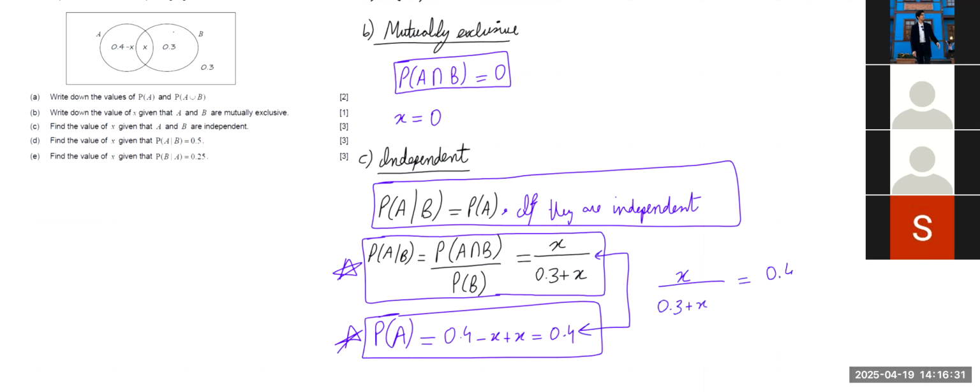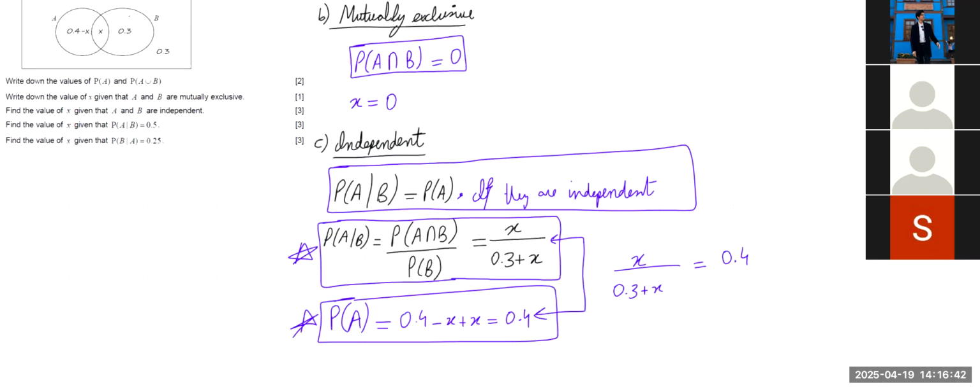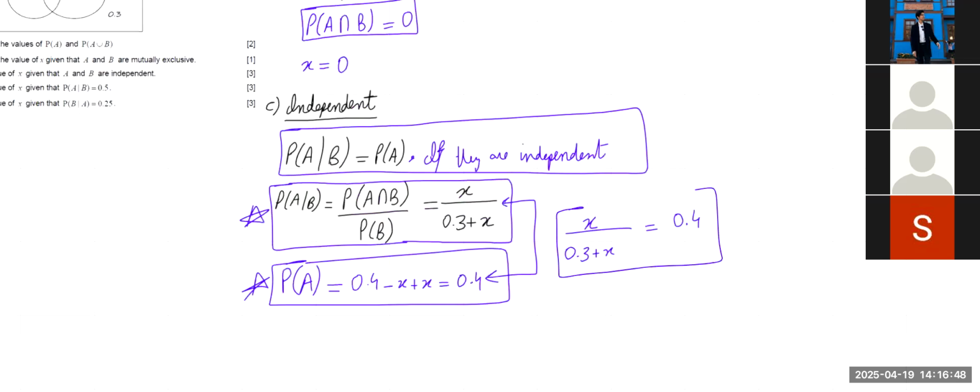We want the conditional probability of A given B to be the same as the probability of A anyway, because given B doesn't affect the probability of A if they are independent. So that is why I'm setting the conditional probability of A given B equal to the probability of A, and I'm going to solve this for x. Does this make sense to you? Yes. Okay. Jessica, Amy, everything good?